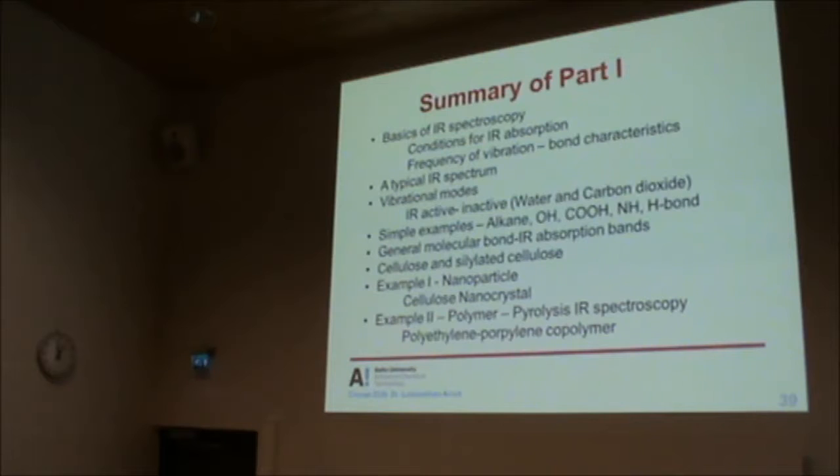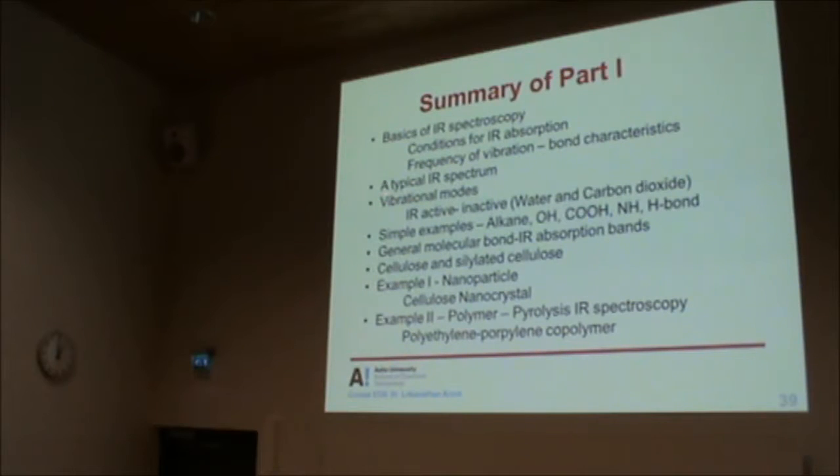Now I'll summarize the first part of the lecture. We started with the basics of how infrared spectroscopy occurs and how it is carried out. We saw what conditions a bond has to exhibit in order to absorb infrared radiation. We also saw the relationship between the frequency of vibration of a bond and the bond characteristics.